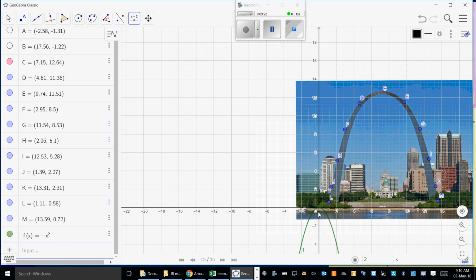Now this is where you can use the program really well, because actually coordinate C is at 7.15 and 12.64, so I can use that exact value. I'm not guessing completely. So I might just go minus x squared plus 12.64. Right, now I know that's going to shift my curve up.